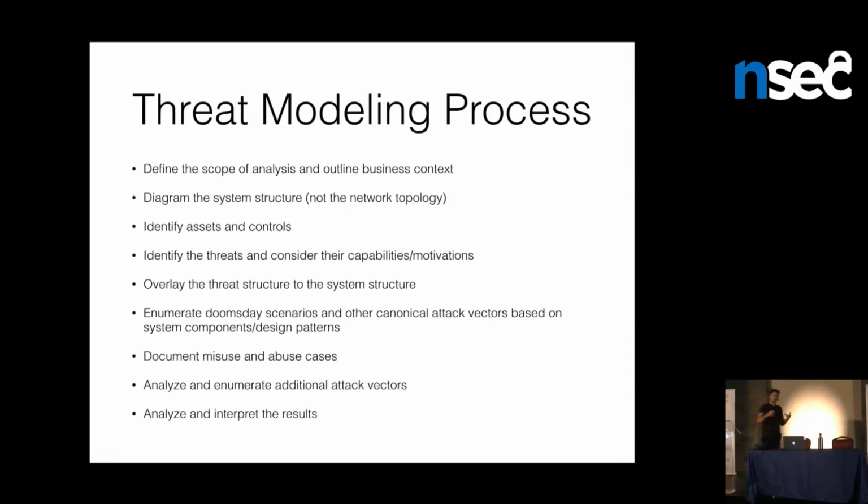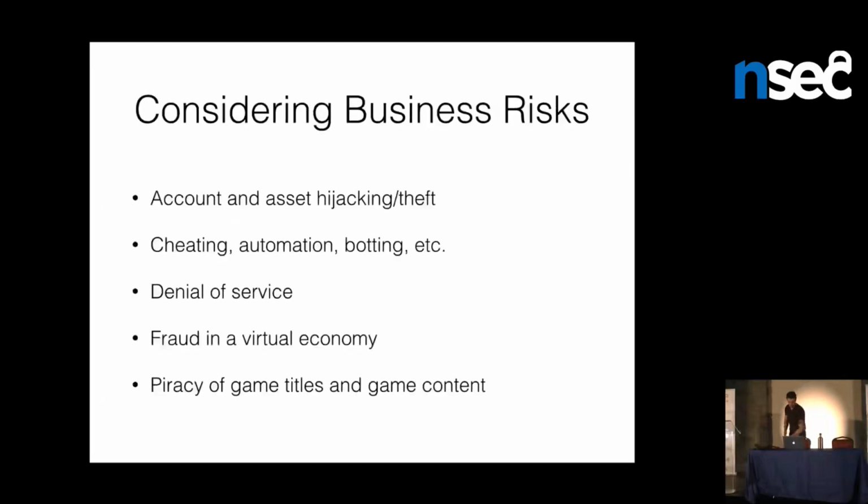Based on those design patterns, we know that a certain set of attacks can just automatically map to those design patterns, and we get those automatically. And then we just go and iterate through this second set and keep looking for different ways in which a threat actor can go through a component or set of components to get to an asset. And so that's the process at a high level.